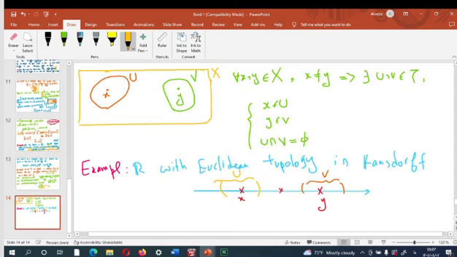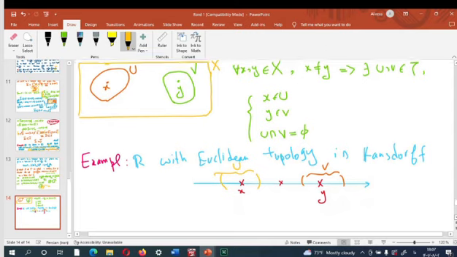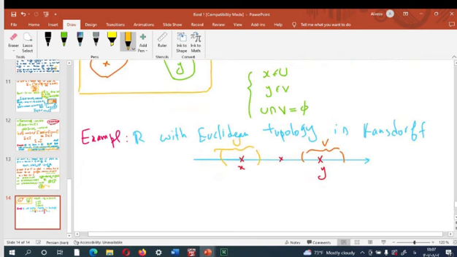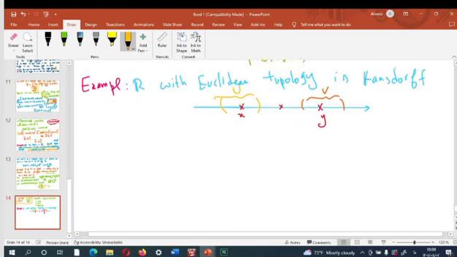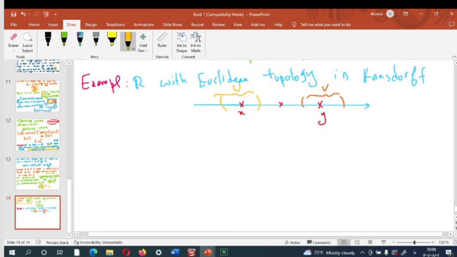Now we see that we can specify this U and V exactly because this center point is (x plus y) divided by 2.